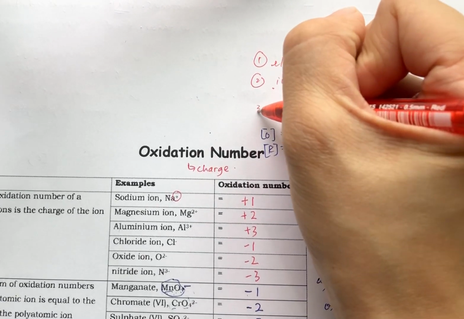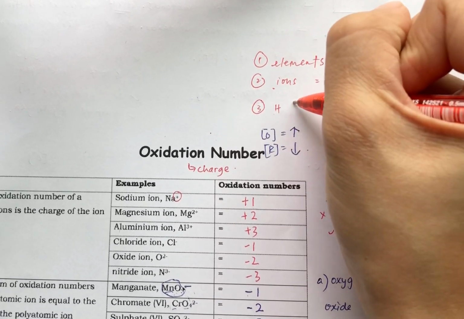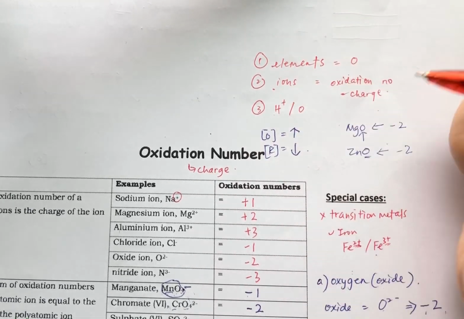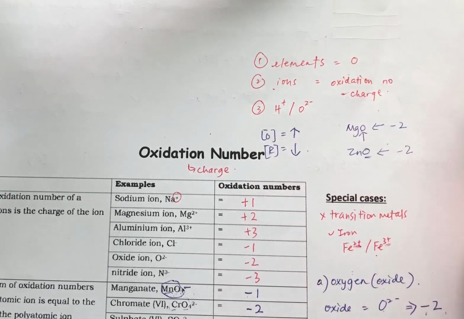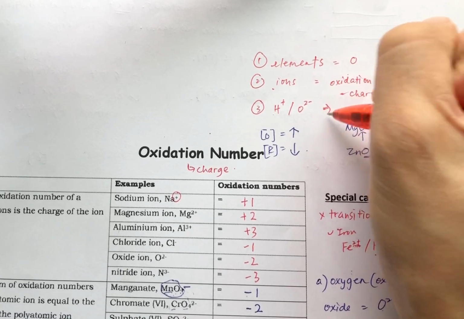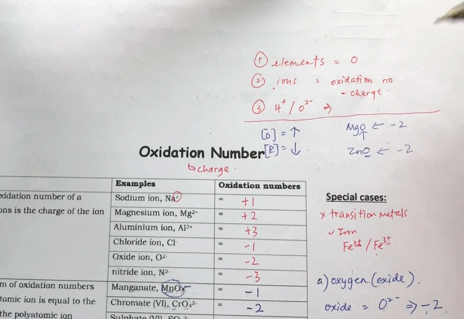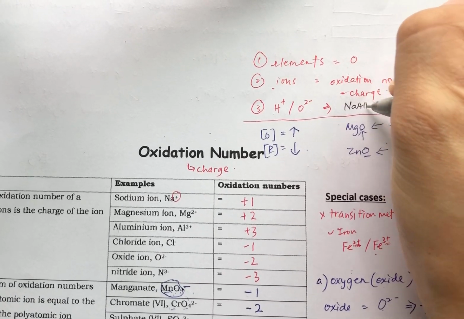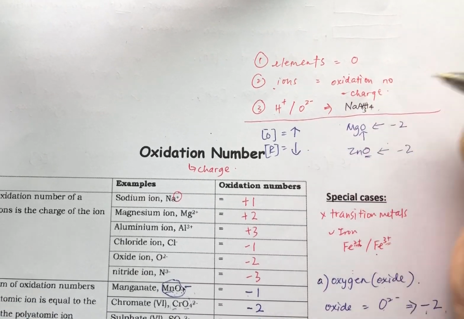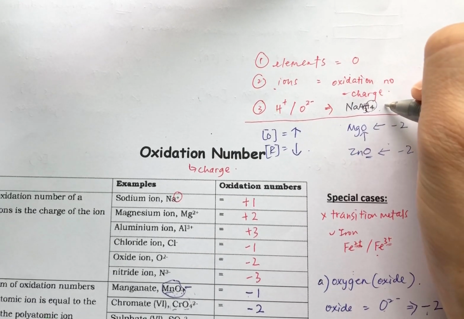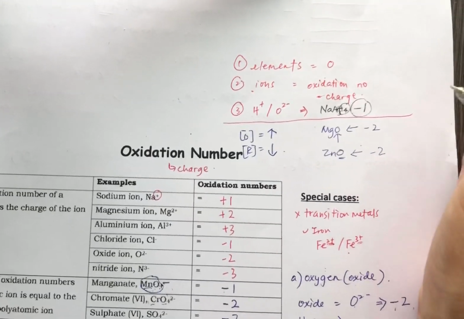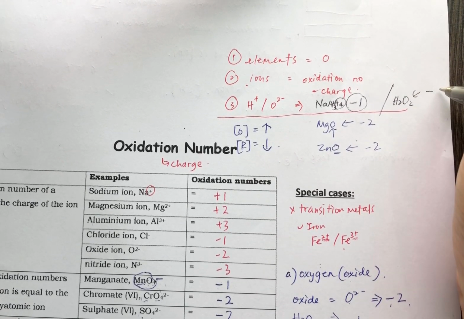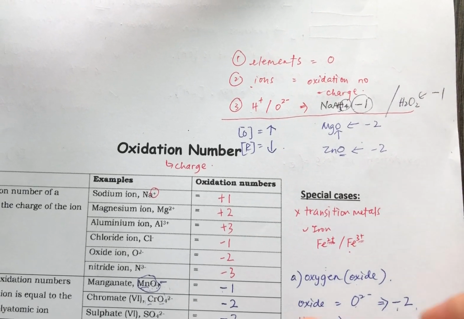Rule number 3 is about hydrogen and oxygen. Hydrogen is most of the time +1. Oxygen is most of the time -2 when in a compound. But what are the exceptions? In a metal hydride, hydrogen is -1. And in hydrogen peroxide, oxygen is -1. This is a short summary.